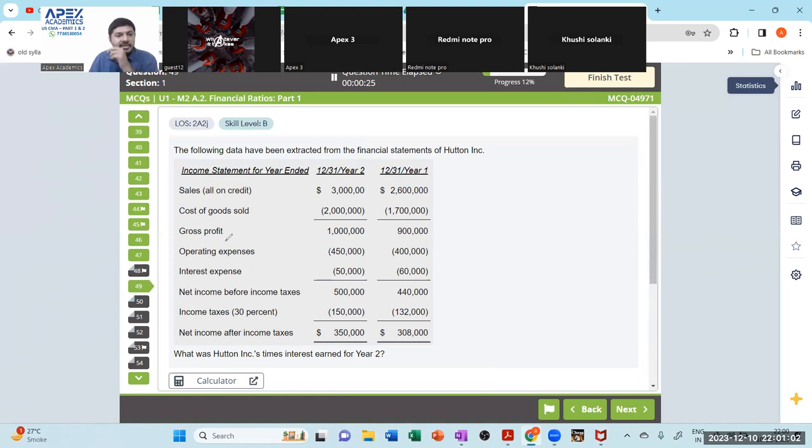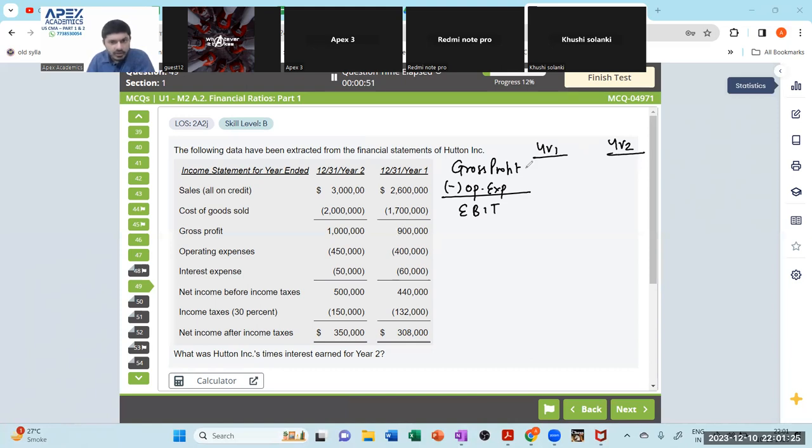Sales minus COGS is gross profit. Gross profit minus operating expenses is EBIT. So year 1, year 2.